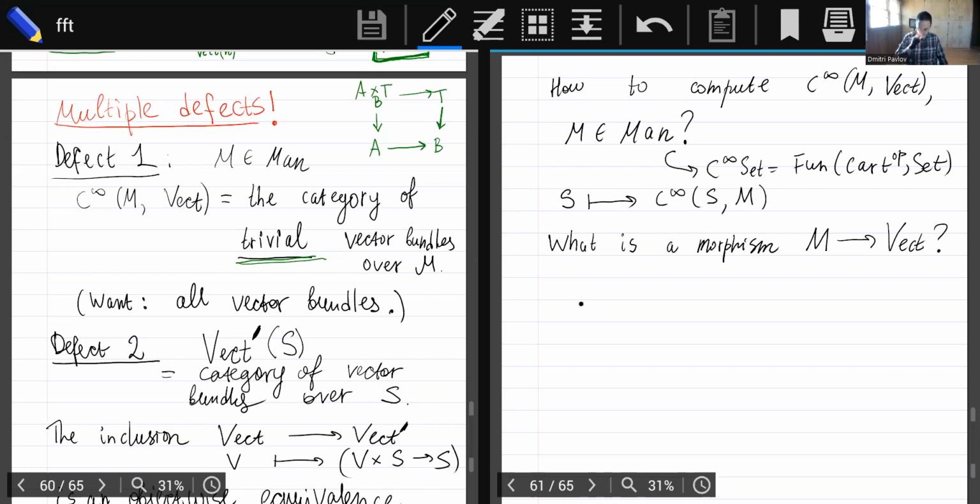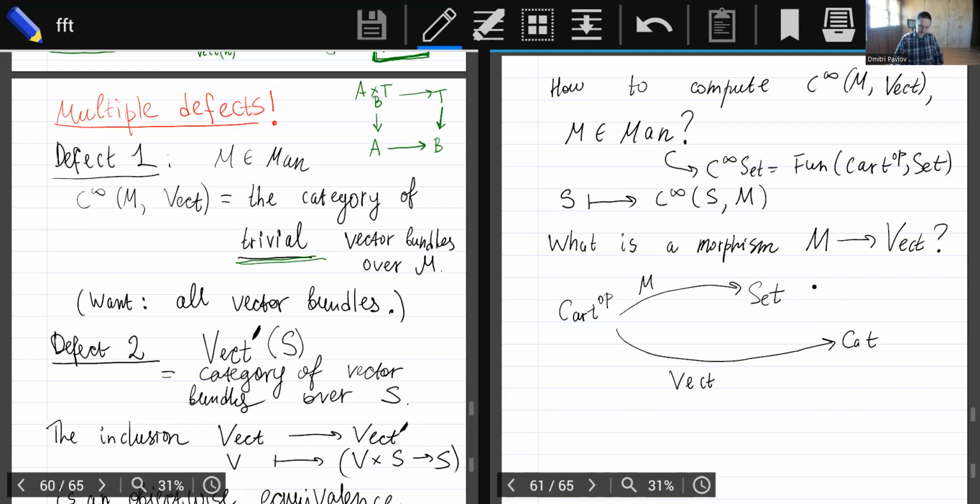So here I have the category of Cartesian spaces opposite. I have my M, which lands in sets, and I also have Vect, which lands in small categories, or maybe small groupoids. And of course, sets and categories are different categories, so you cannot consider natural transformations between functors landing in different categories.